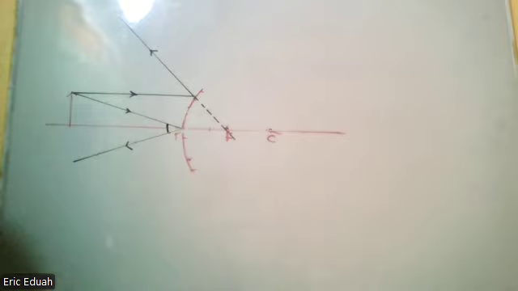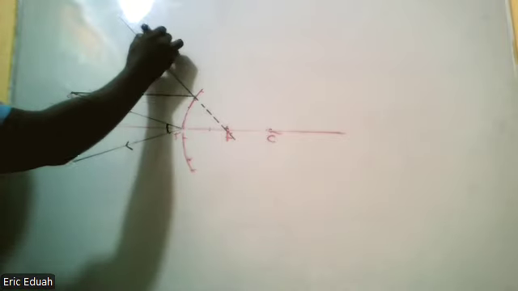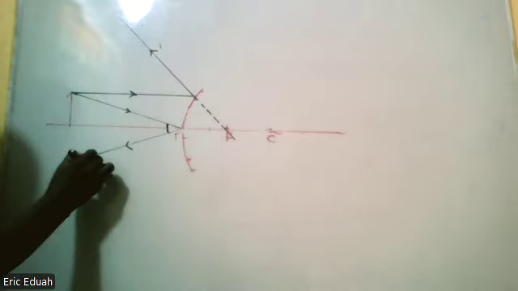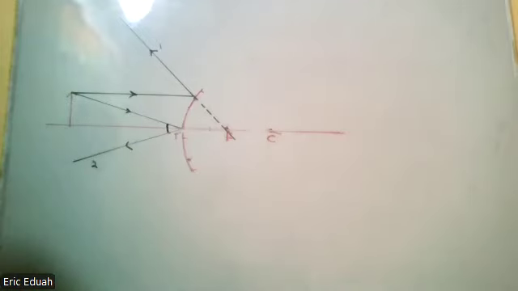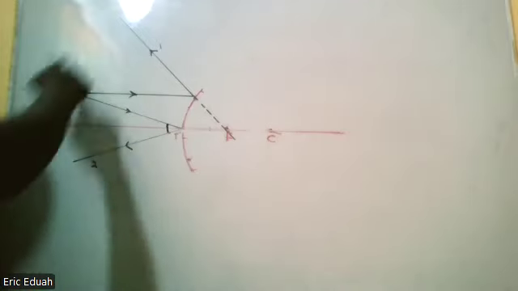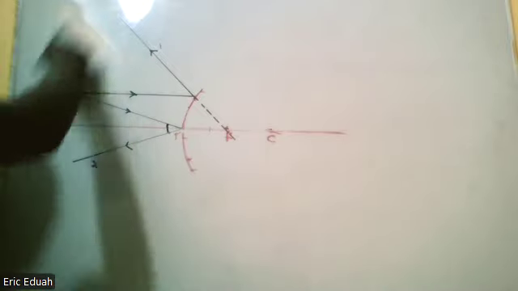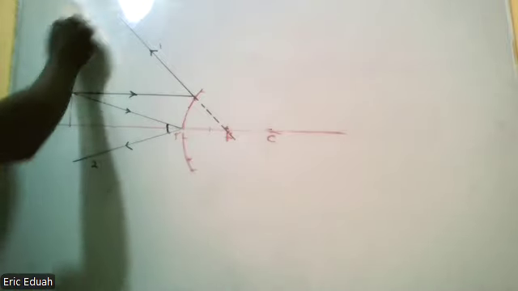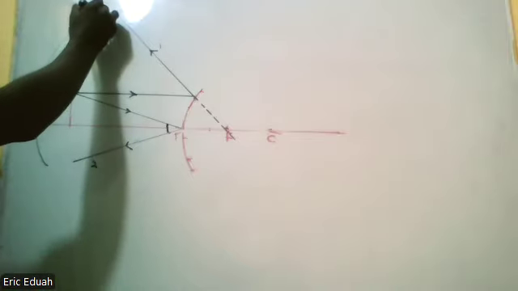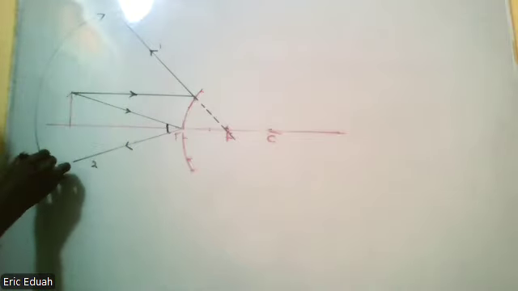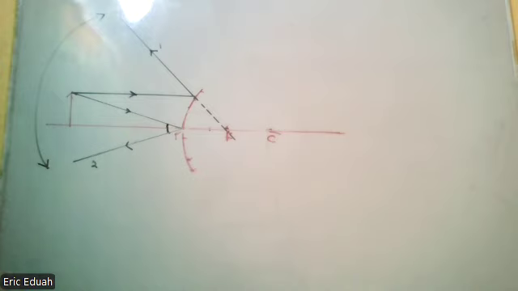Now look at the two reflected rays. This one and then this one. Do they look like meeting in front here? Class, do they look like meeting in front of the mirror?